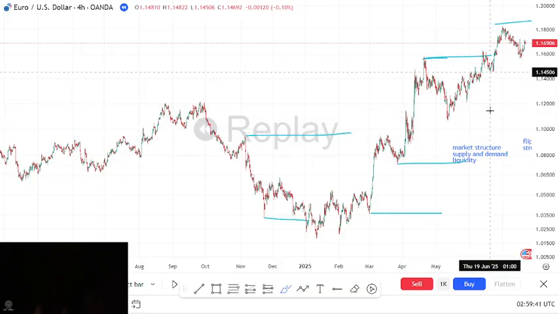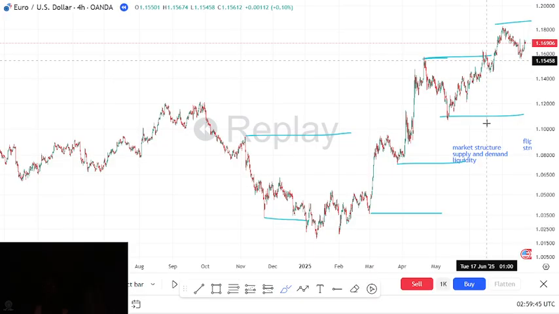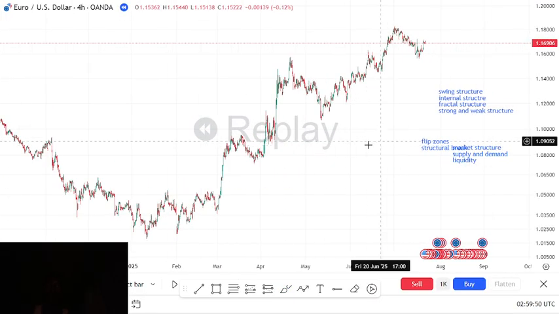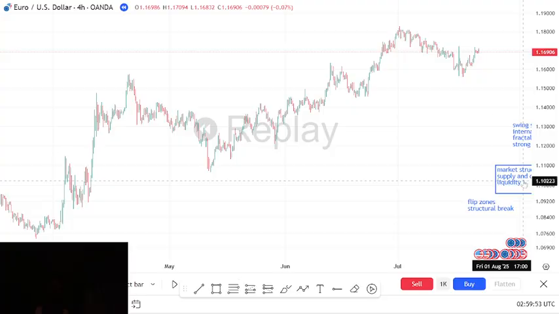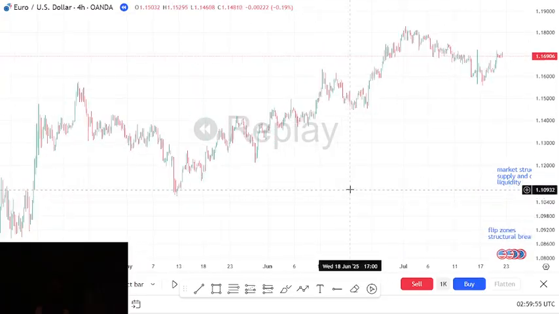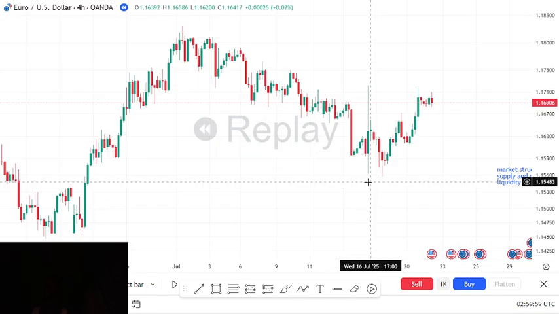By being a little bit loose with our structures. So with this, I will identify my swing range.